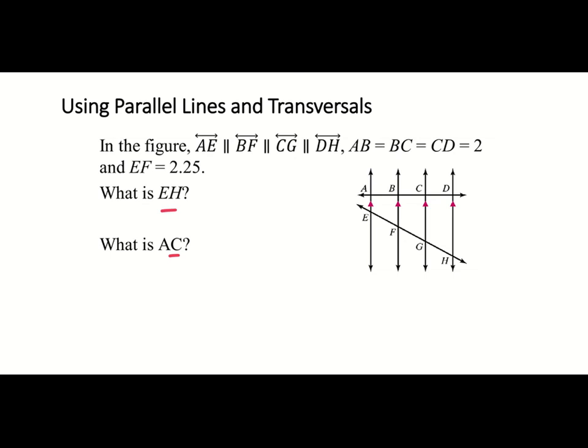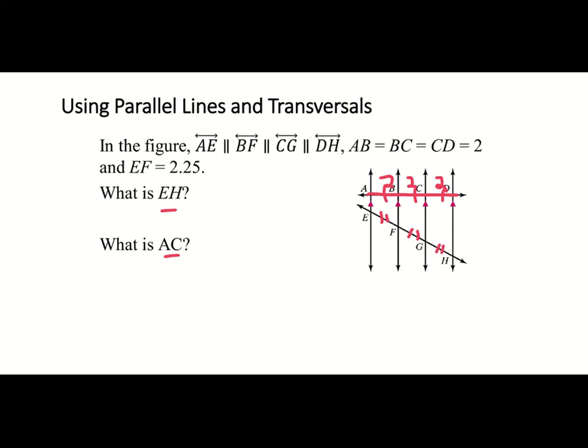So we have our 4 parallel lines. We also have our transversal here, 1 transversal, and I know that AB, the distance between the two, is 2. From BC, it's 2, and CD, it's 2. Because those are all the same, that means that these segments down here, whatever they are, will also be the same.